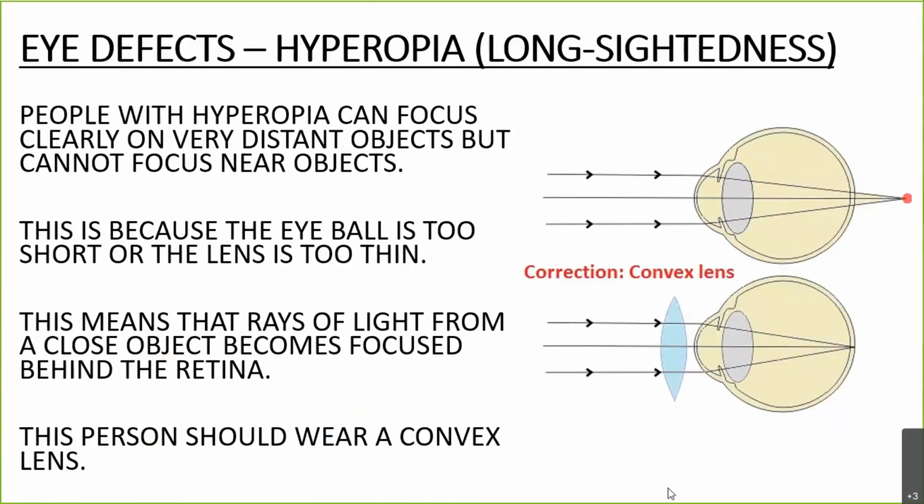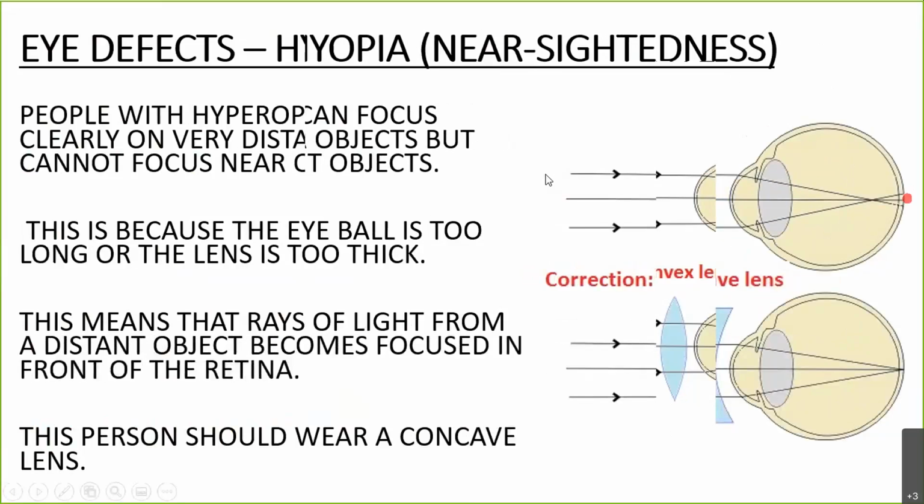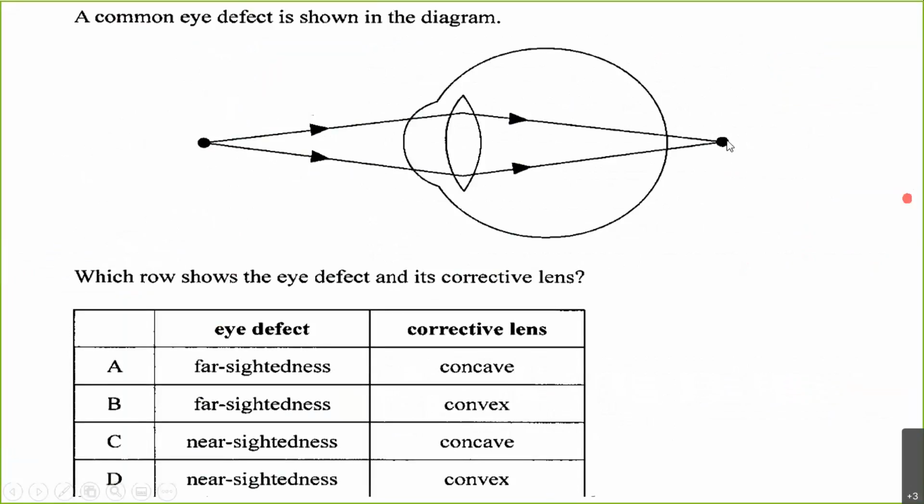And if you look at the picture in the question, that's the case here, okay? These are the light rays with the arrows, and they come together behind the retina. This would be the retina here, the edge. Retina. And this would be our focal point, but it's behind the retina. So this is farsightedness.